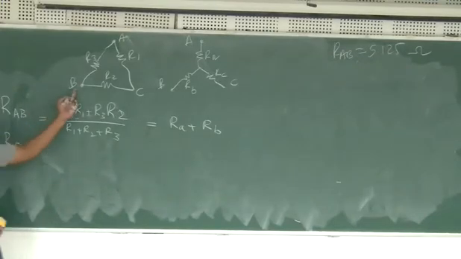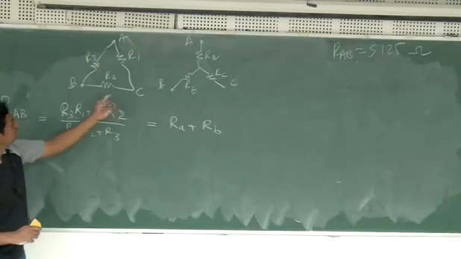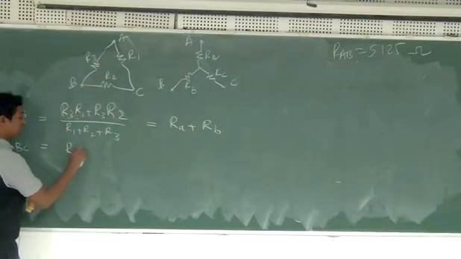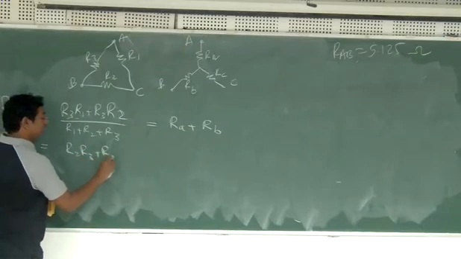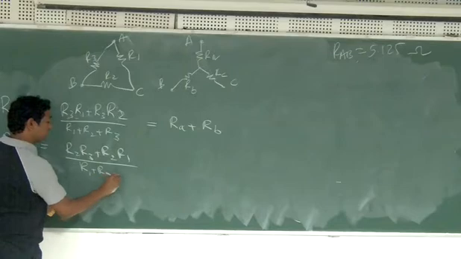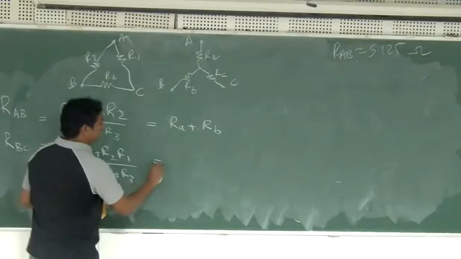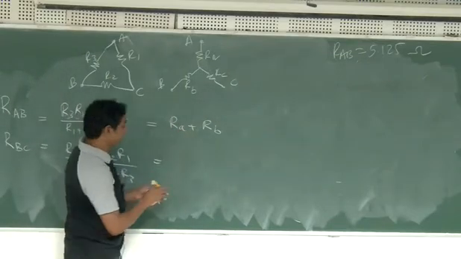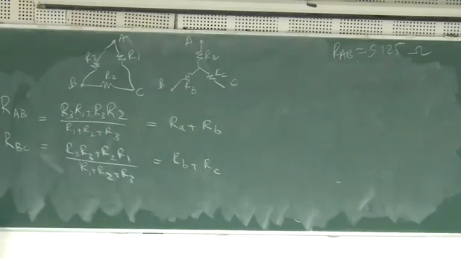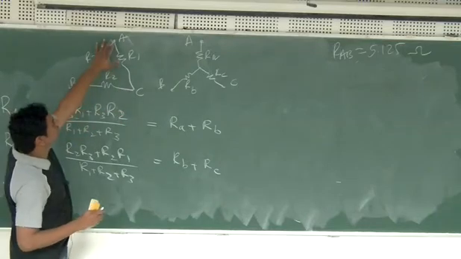So what is RBC? The resistance between B and C. That will be R2 R3, R2 R1, divided by R1 plus R2 plus R3. And between C and A, what is the resistance?